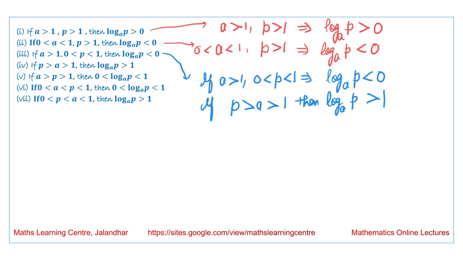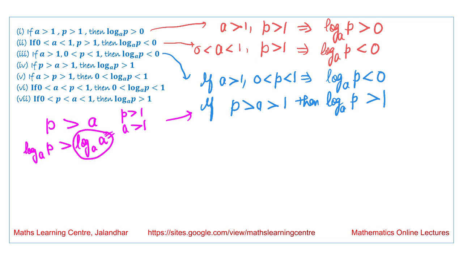So if we look at this result, we are basically saying that p is greater than a, p is greater than 1 and a is greater than 1. So log base a of p will be greater than log base a of a, and that is equal to 1.